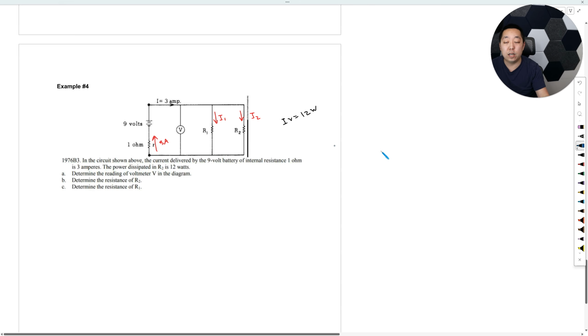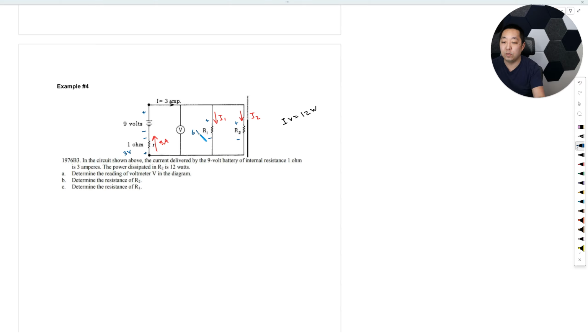Now, we're going to annotate our positives and negatives. So this is positive and negative for the battery. Positive and negative because it goes from higher to lower, higher to lower, higher to lower like this. Now for this guy, I do know the voltage drop. So I look at it, I just say, well, from here to here, 3 times 1 is going to be 3 volts. Okay, and then this is 9 volts. But if I look at this loop, I go up 9 volts, I'm going to go down here and go down here from positive to negative, right?